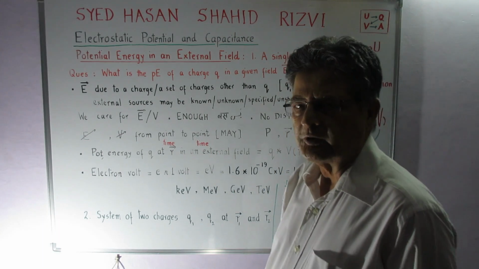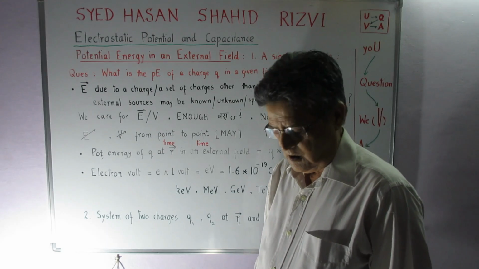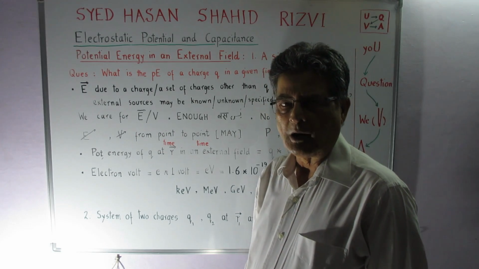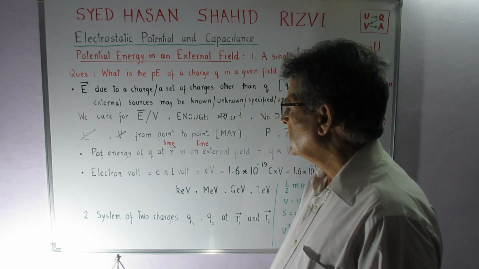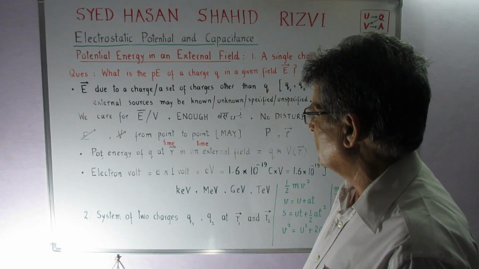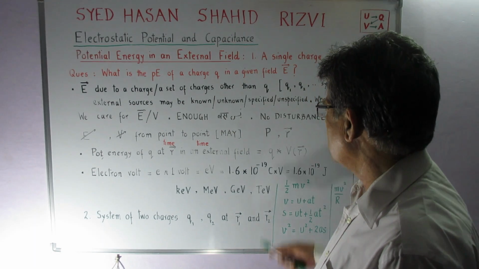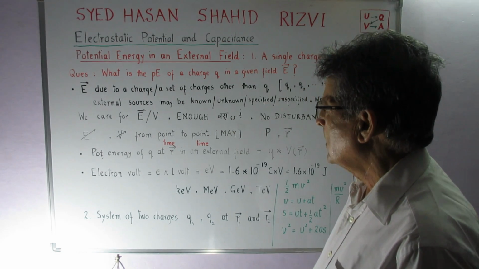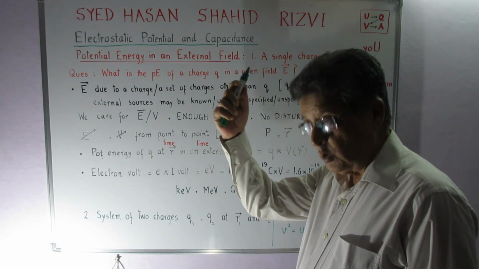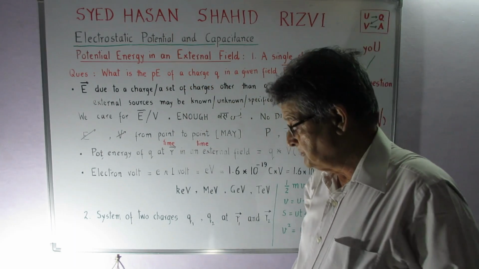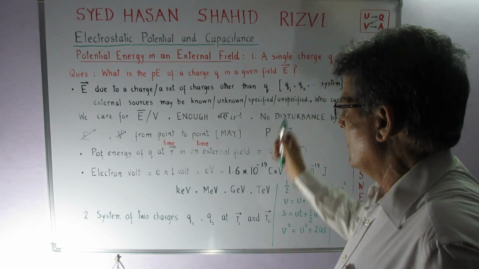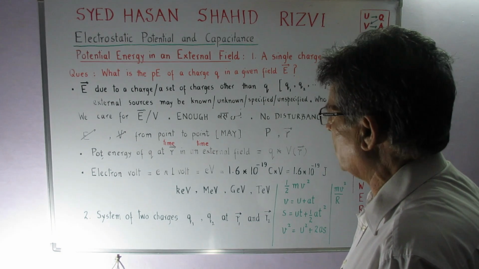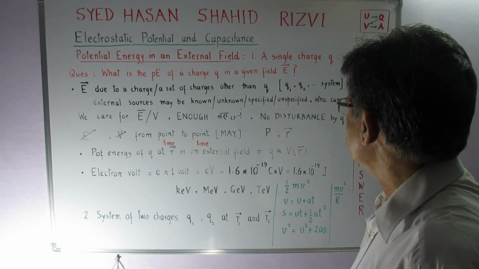So the q has to be infinitesimally small. Doesn't matter, you can take other values also, because we have been taking the value of 1 coulomb. No, I don't subscribe to that. I've said it again and again.